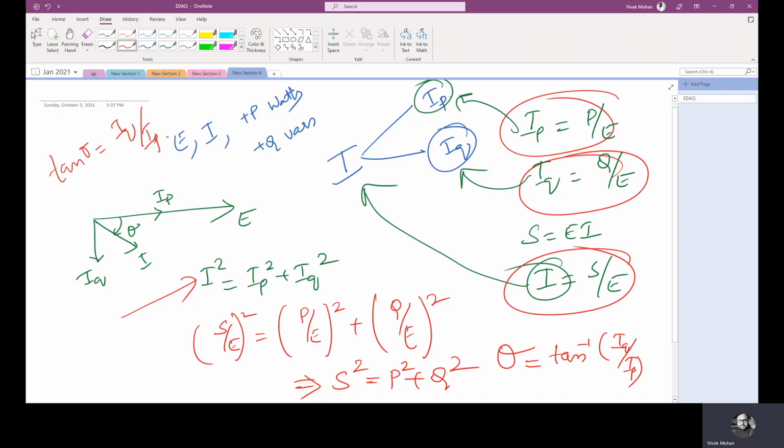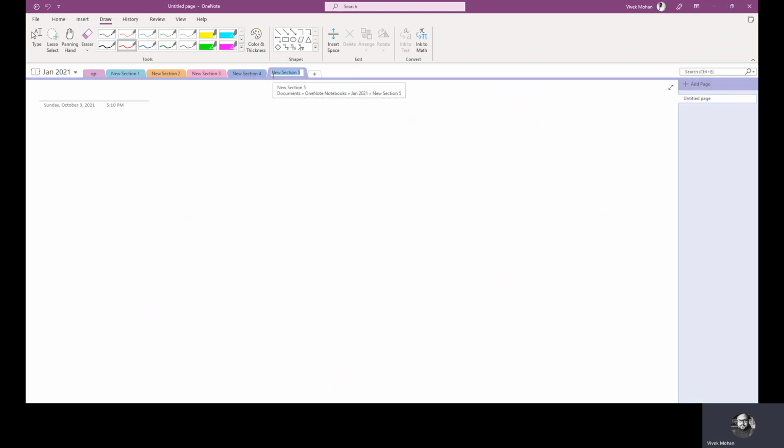So theta equals tan inverse IQ by IP, or I can write it as tan inverse Q by P equals theta. Okay. So now I'm going to apply this in an example.